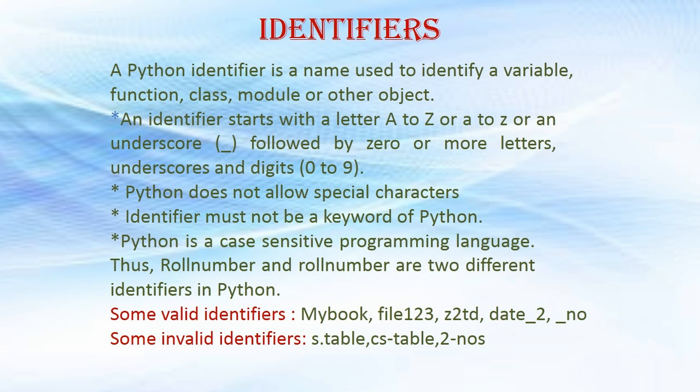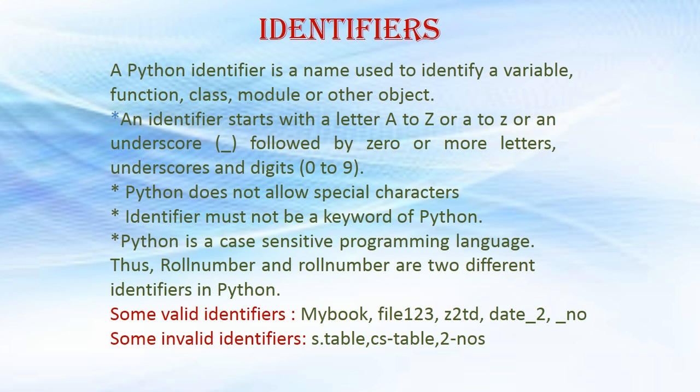Python does not allow special characters in identifiers. Identifiers must not be keywords of Python. If a word is already a keyword, it cannot be used as an identifier, right?